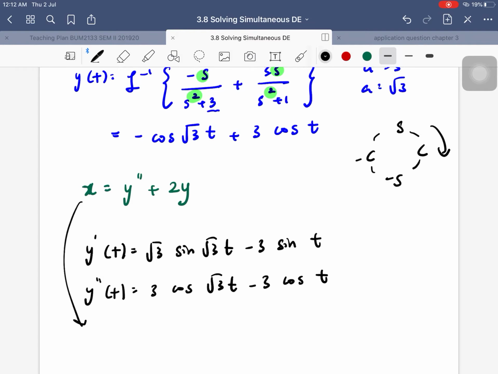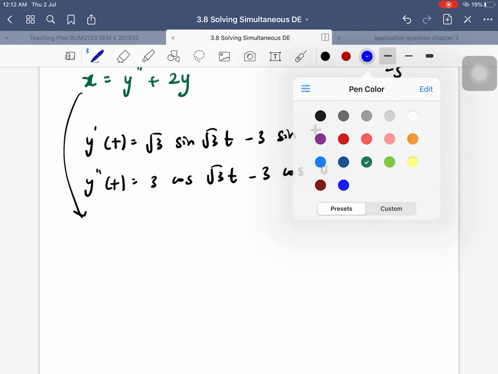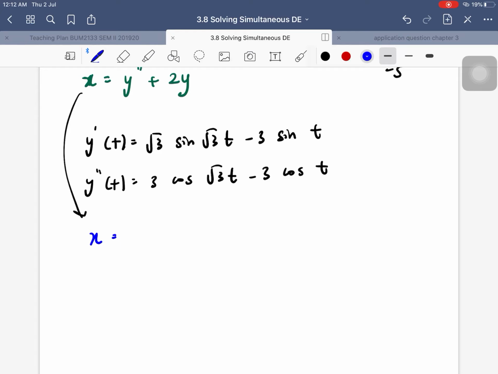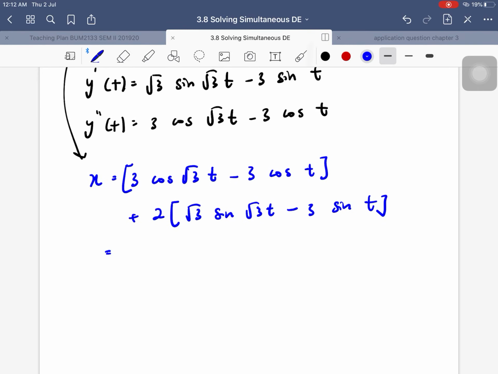So when I substitute into this equation, I'll have that x is going to equal 3 cos of square root 3t minus 3 cos of t, and plus twice of y, which is going to be square root 3 sine of square root 3t minus 3 sine of t. So we have two types of terms right here, the ones with cos and sine.